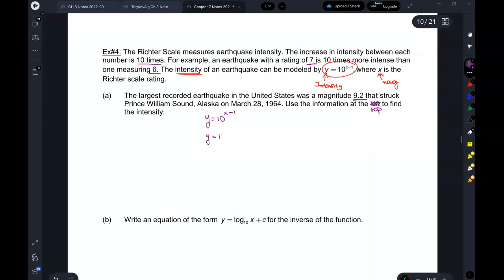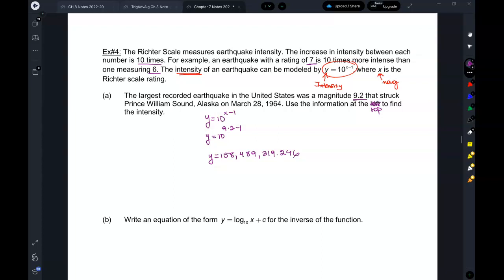Y equals 10 to the power of 9.2 minus 1, which we're not going to do by hand, right? You have to plug that into your calculator, and it's a heavy duty number. It's 489,319.246. So that's the intensity, okay?